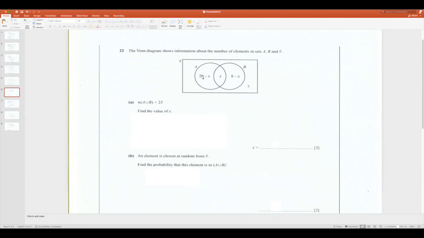We can write the equation 20 minus x plus x plus 8 minus x equals 23. Simplify: the x and x cancel, then 28 minus x equals 23. Moving 23 across and x across, x equals 5. The value of x is 5.